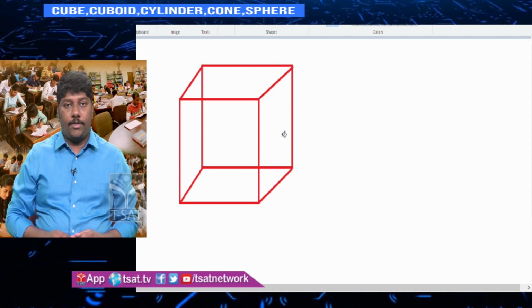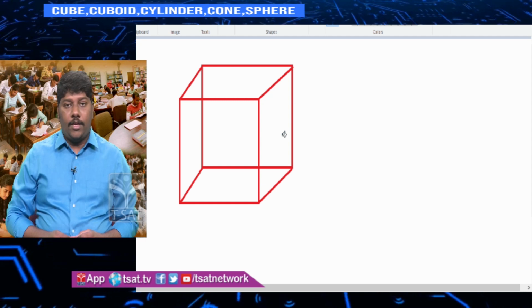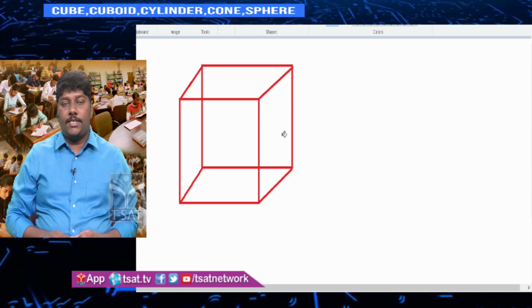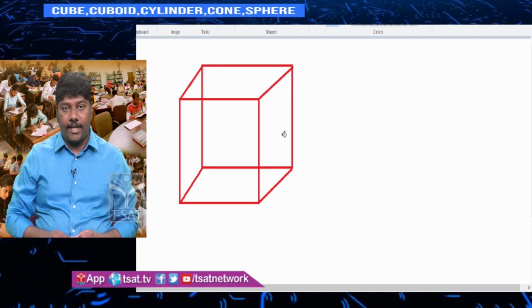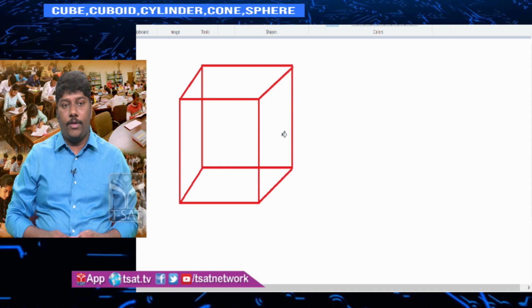If you include the top and bottom surfaces, it is the total surface area of the cube. The empty space in the room gives you the volume of that room, or the volume of the cube.